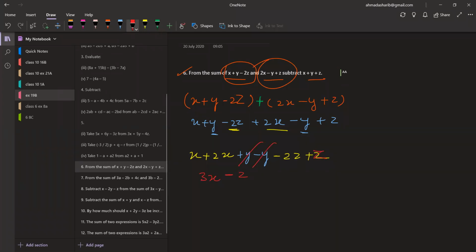This is the sum. Now from this sum you have to subtract this. So now you have to do subtraction. Subtract 3x minus 2 minus x plus y plus z. Do this and tell me the answer.